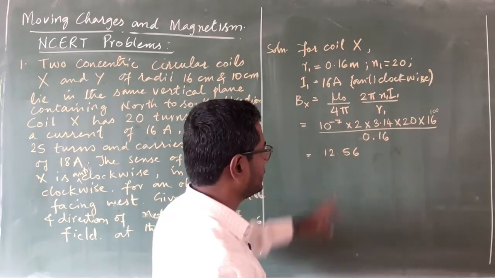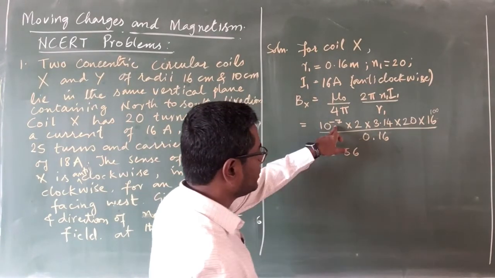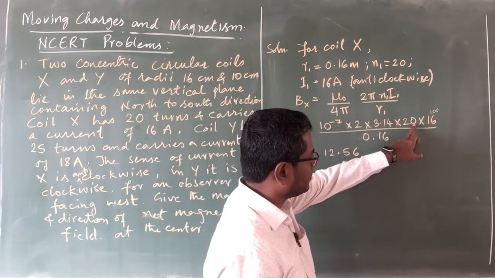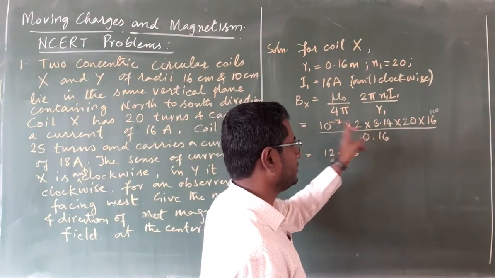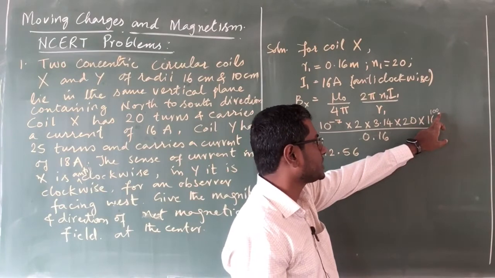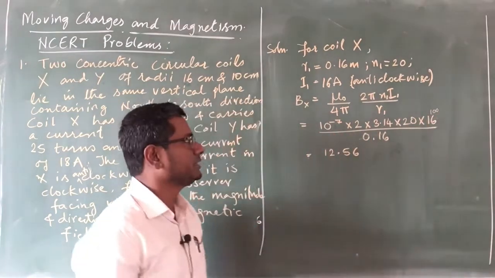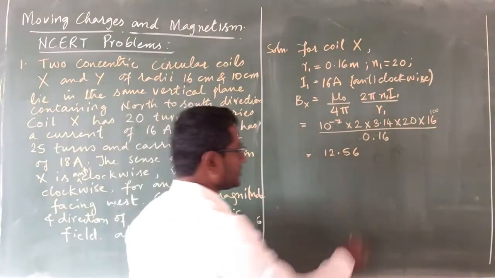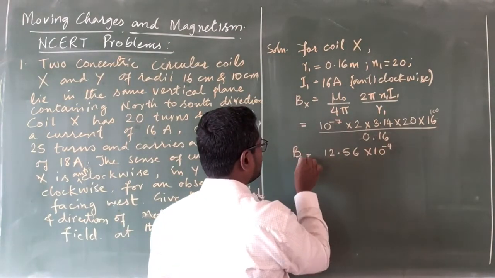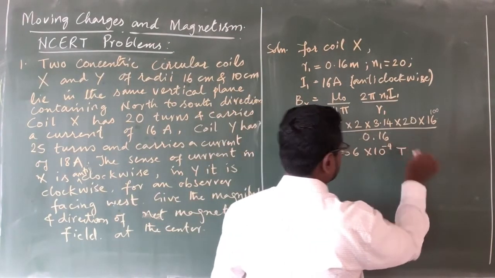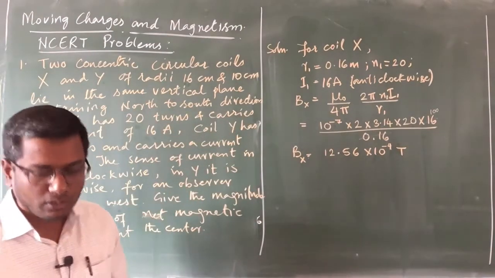Now dealing with the powers. There is a 10 to the power of minus 7. I dropped a 0 from that 20, so it becomes 10 to the power of minus 6. Then two more zeros are available, so it becomes 10 to the power of minus 4. So Bx is 12.56 into 10 to the power of minus 4. This is one way of dealing with it.